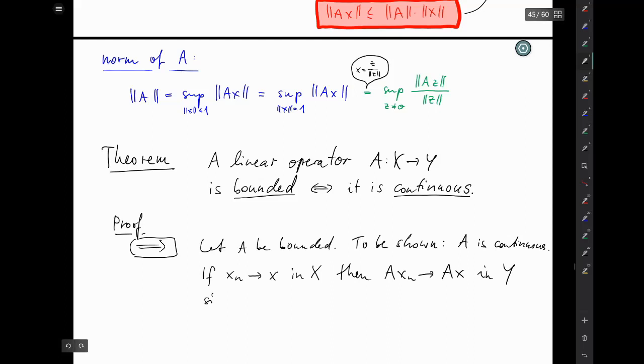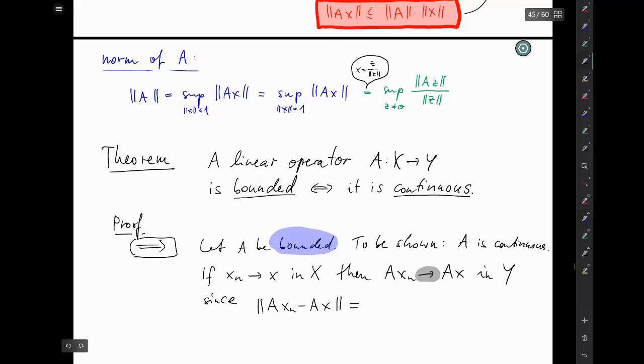So, okay, now we still have to give the argument. So how do we check that A x_n converges to A x? Well, we look at the norm of the difference, because that's our metric in the space Y. Okay, and now this is the point where we have to do something clever, and we're certainly forced to use the property of boundedness somewhere on the way.